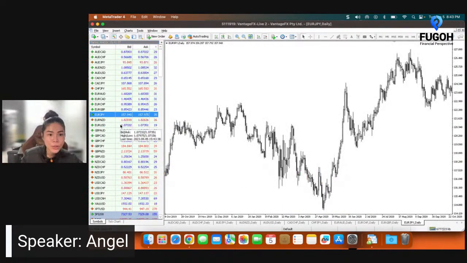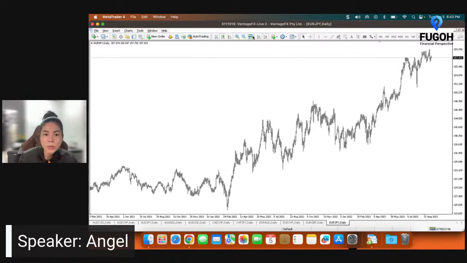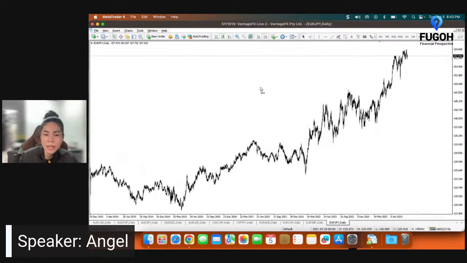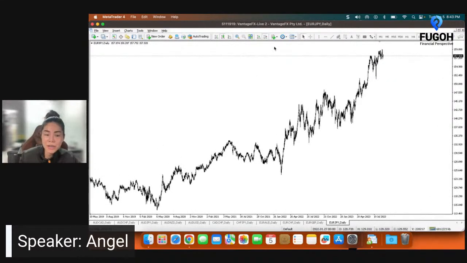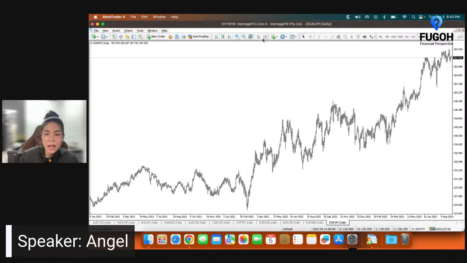Euro yen. Oh, it's also an uptrend. See, if the market is trending very clear like this and you're trading with the trend, I don't know how you will lose money.